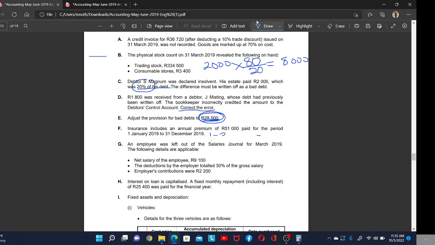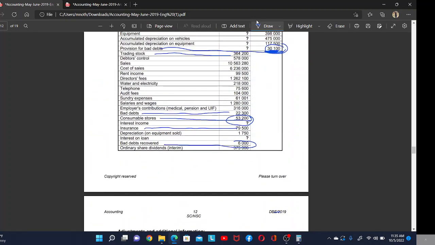An employee was left out of the salary schedule for March 2019. The following details are applicable. Net salary for the employee. Okay, let's just do this first. How much is our salary? The salary is 1,280,000.